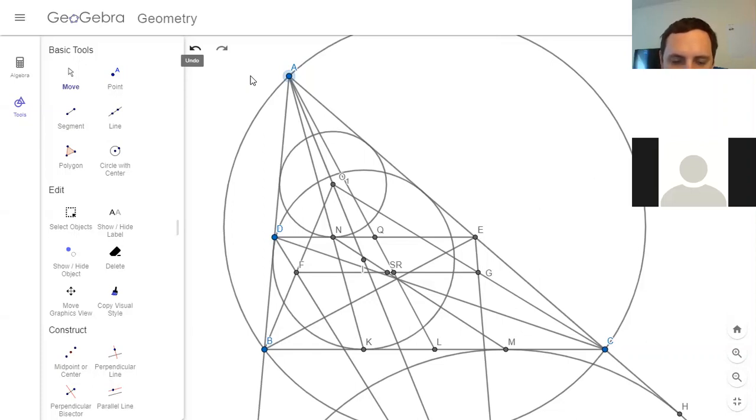Let's see. So KL is equal to LM. We want to show FS is equal to... so yeah, we want to show QS and the excenter are collinear.